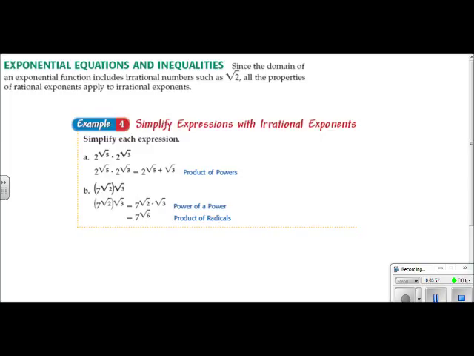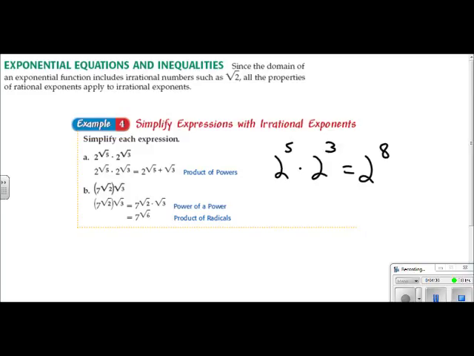So, looking at exponential equations and inequalities. Since the domain of any exponential function includes irrational numbers such as the square root of 2, all the properties of rational exponents apply to irrational exponents. So if we have expressions like 2 to the square root of 5 and 2 to the square root of 3, multiplying those together, remember, if we had 2 to the 5 times 2 to the 3, all we do is add those up and get 2 to the 8.